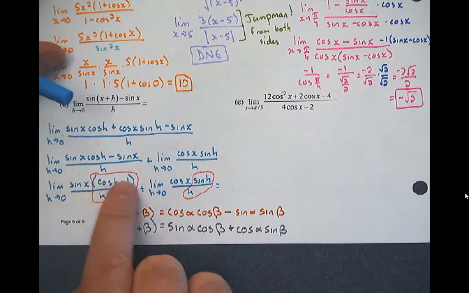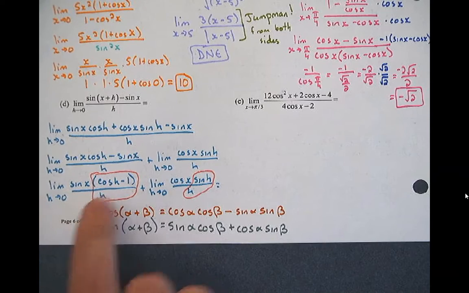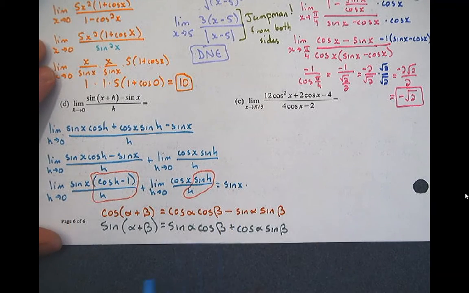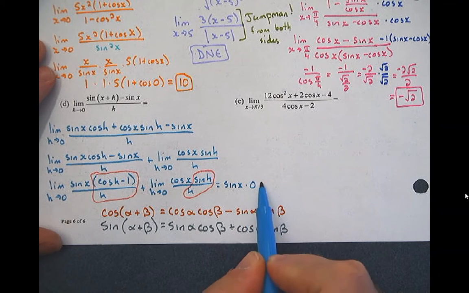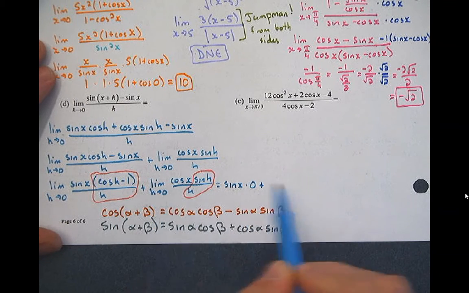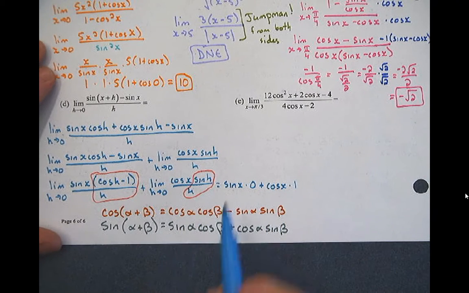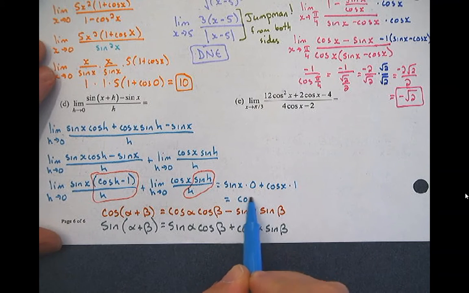So I don't care what order this is in, but I know that this thing ends up leveling off at 0. So I'm going to have sine of x times this thing levels off at 0, plus cosine of x, doesn't care what h is, times this thing levels off at 1, which I can then clean up. That's 0. Cosine times 1, that's cosine.